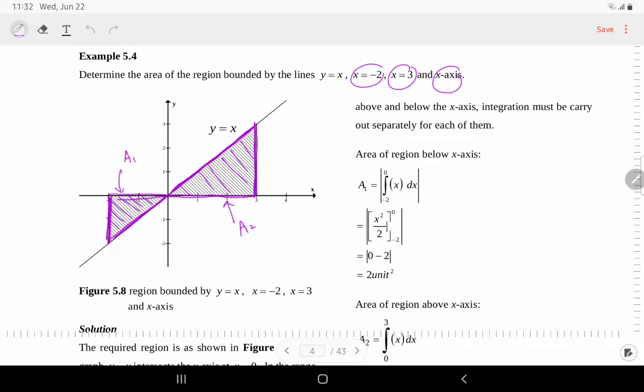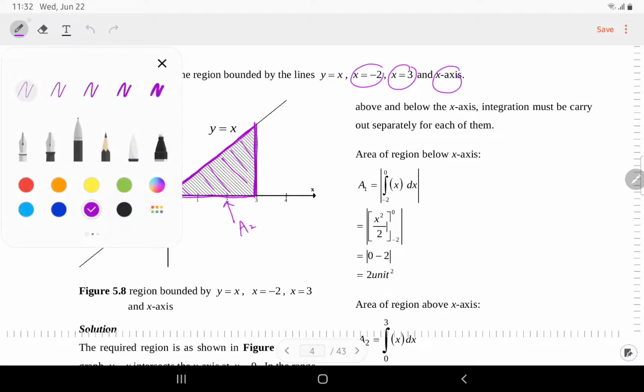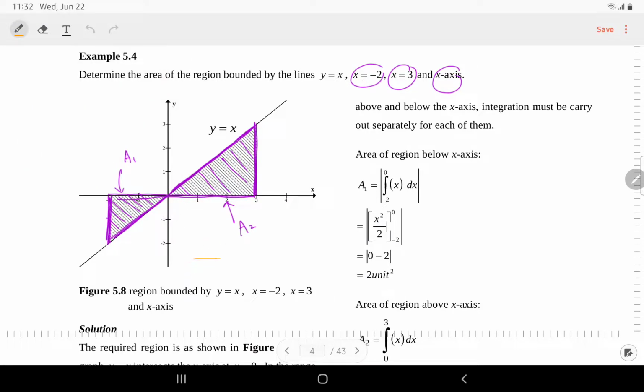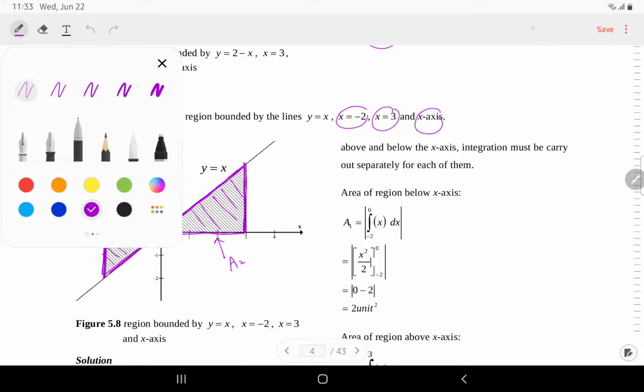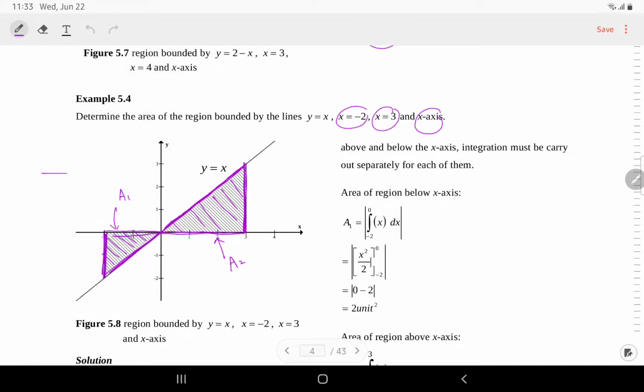Kita tak boleh integrate terus. Okay, kenapa kita tak boleh direct integrate from -2 until 3?